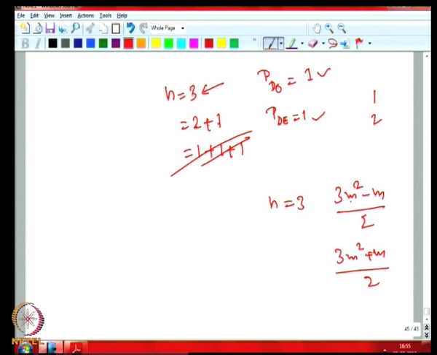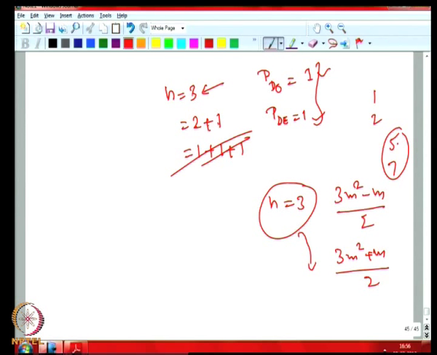If I put 2 here, that will be 12 minus 2, that is 10 by 2, that is only 5, right? Here if I put 12 plus 2 by 2, it is 7, right? So n equal to 3 is not of that form, but in that case they are equal.